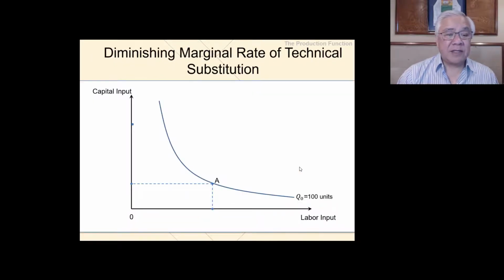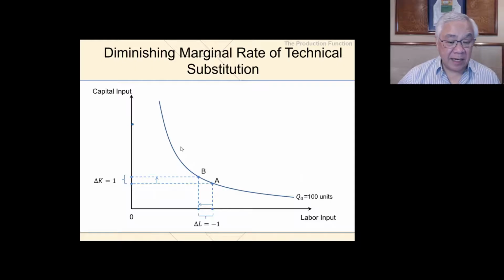So let's see how this works on the graph. We start with what we've seen before, but let's move now 1 unit to the left of where we were at point A, and see what happens to B. All right, so now we see that as we walk on this curve from here left 1 unit on the labor dimension, we end up here on B, which shows this amount of change in the capital.